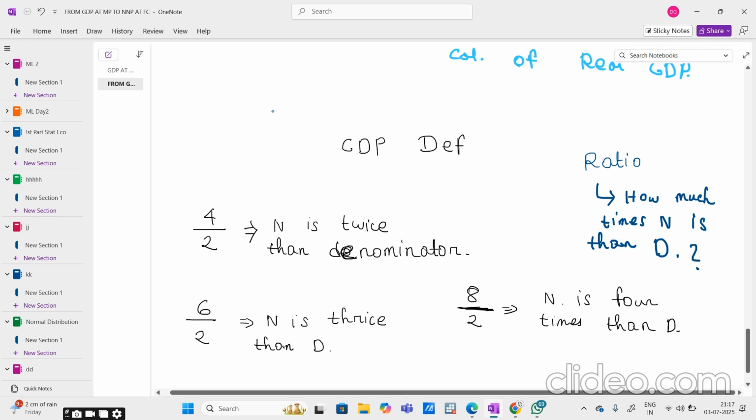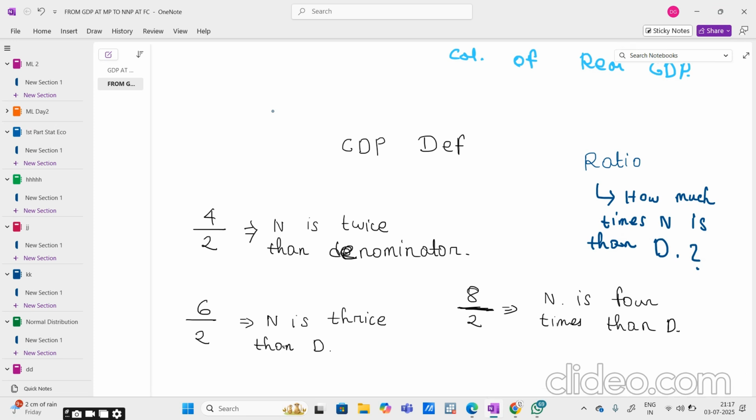That is what a ratio tells. If the ratio is 4 by 2, it tells the numerator is twice the denominator. If the ratio is 6 by 2, the numerator is thrice the denominator. If the ratio is 8 by 2, the numerator is 4 times the denominator. So a ratio tells how many times the numerator is of the denominator.